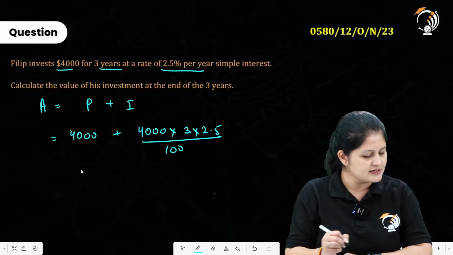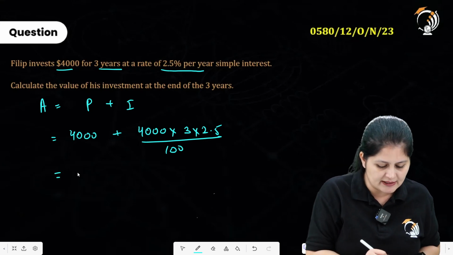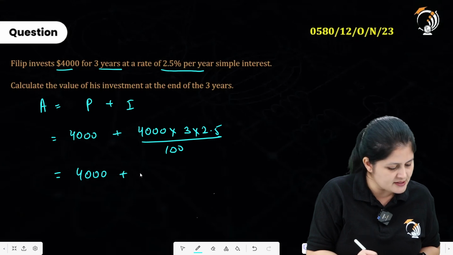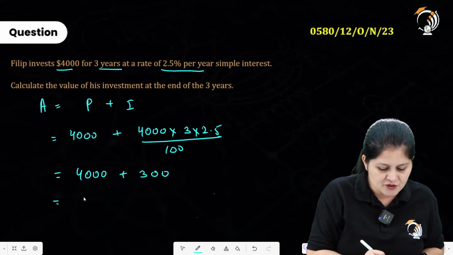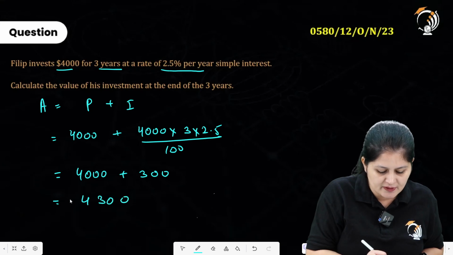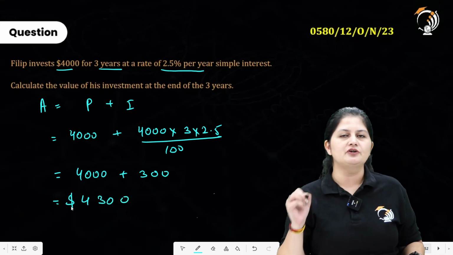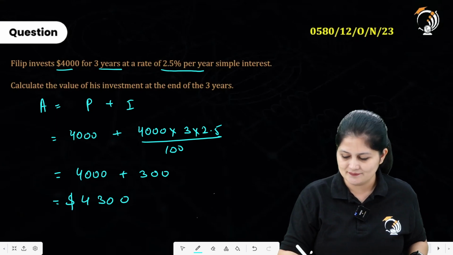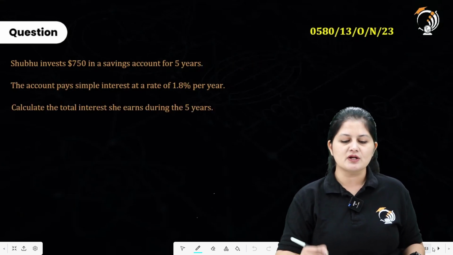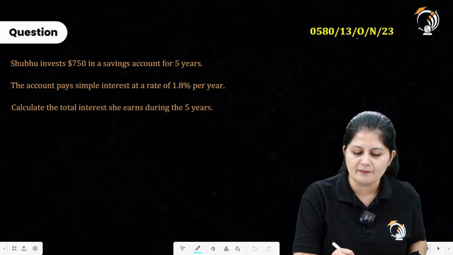So the value of the investment is going to be 4,000 plus 300, that means the value of his investment is going to be $4,300.